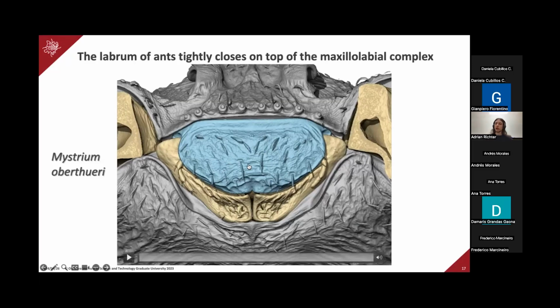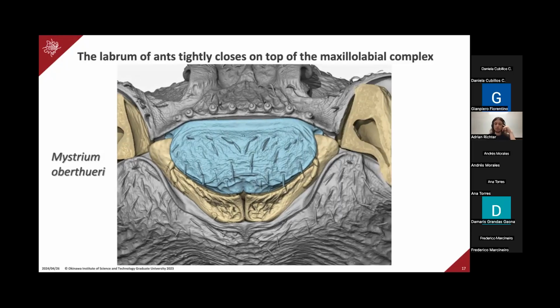And the labrum is just a solid cuticular plate that sits in front of these other mouthparts. And in general, in most insects, it sits in front of the other mouthparts. But in ants, it especially sits very tightly in front of this maxillolabial complex, covering the soft tongue and shovel parts and protecting them.